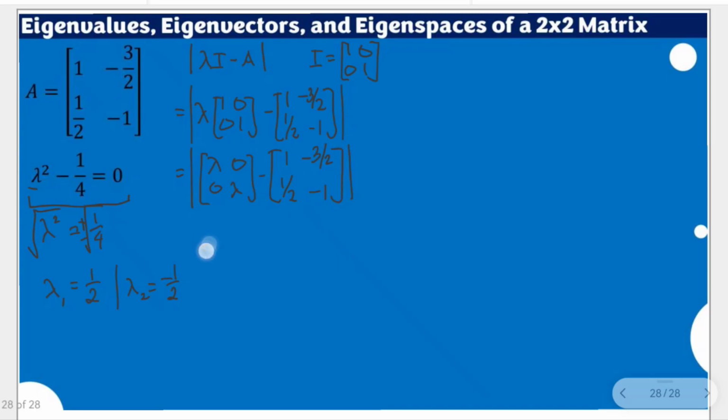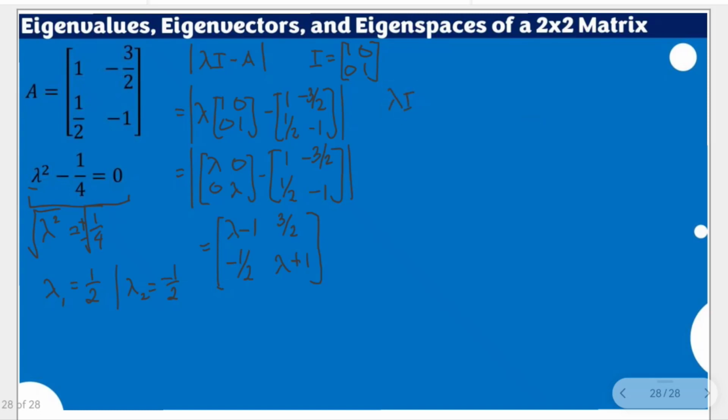So your form here is this: lambda minus 1, 0 minus 3/2 is positive 3/2, 0 minus 1/2 is negative 1/2, then lambda minus a negative 1 is lambda plus 1. This is now our representative matrix that will be subjected to this form.